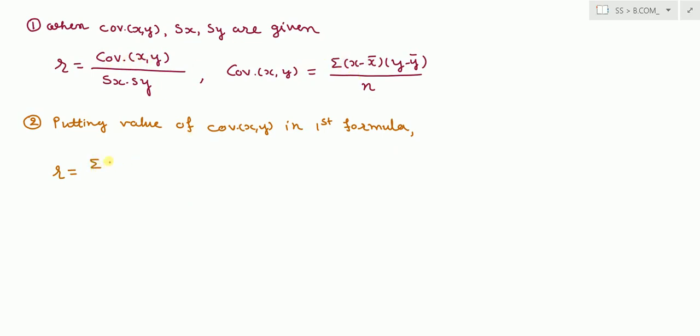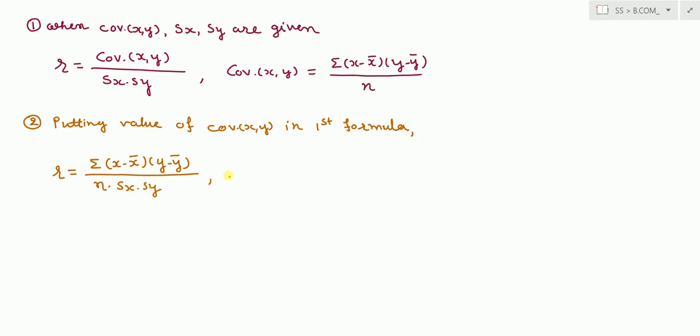We get sigma x minus x bar into y minus y bar upon n, this is the value of covariance xy, into what is left, sx into sy.